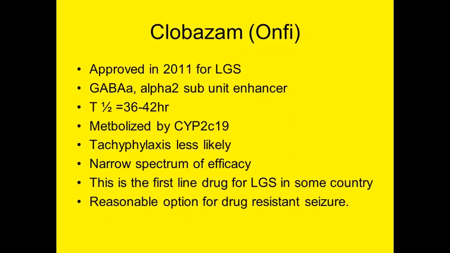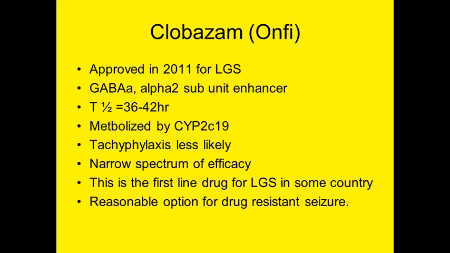Clobazam has been available since 2011 for treatment of Lennox-Gastaut syndrome, but it's also helpful for intractable complex partial seizure. It has been available in European countries since the 1980s. And clobazam is like a benzodiazepine. It's a GABA-A enhancer by binding to the alpha-2 subunit.